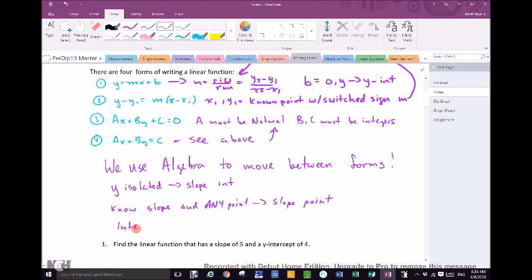If you know the intercepts, then general form is a good place to start. Okay?